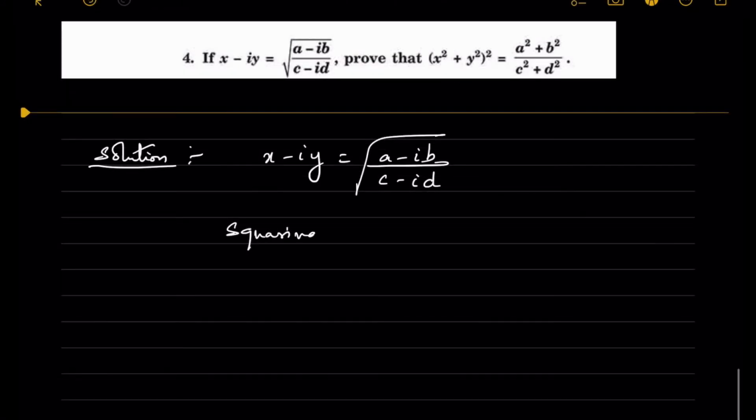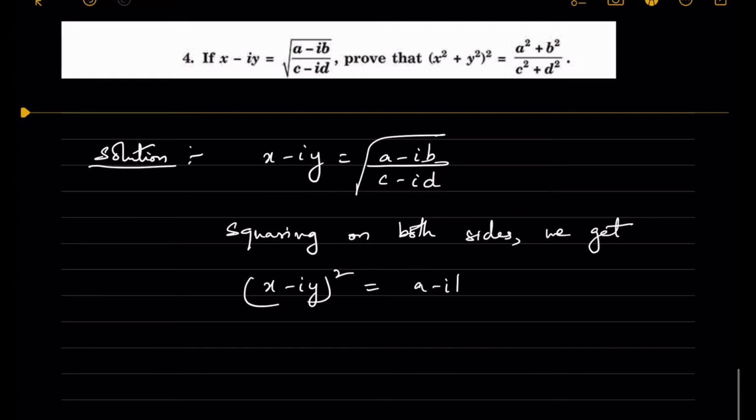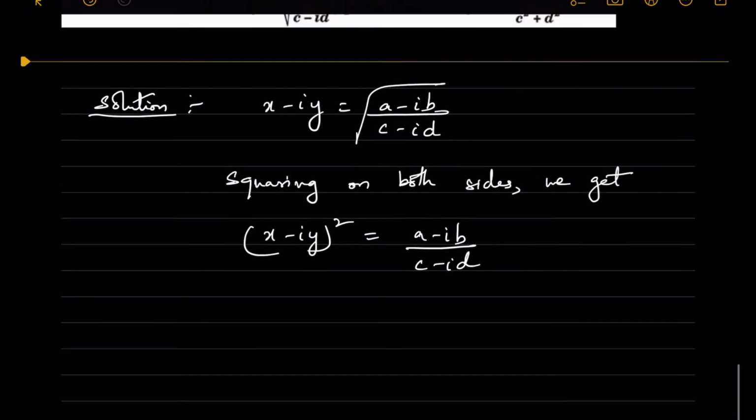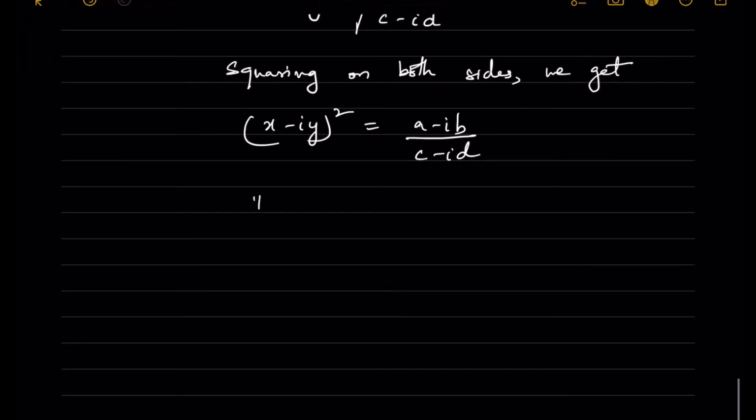Squaring on both sides, we get x minus iy whole square is equal to a minus ib by c minus id. Taking modulus on both sides, how can we write this?